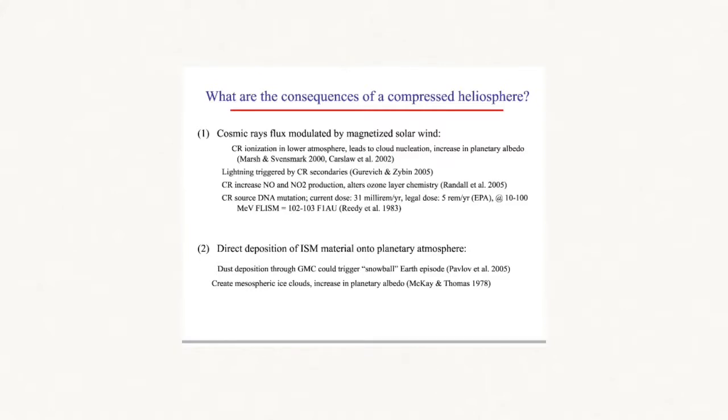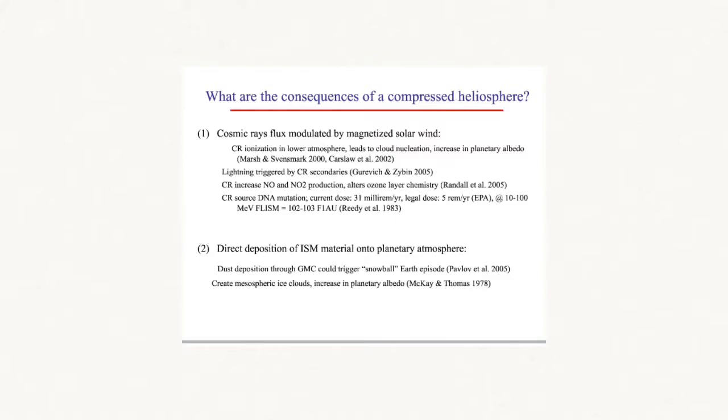Of course, there is argument about that currently, but I lean towards the research that shows that that would probably dramatically drop temperature on our planet. And of course, lightning triggered by cosmic ray secondaries is substantial as well. Cosmic rays also increase various atmospheric chemicals that will directly alter our ozone as well.